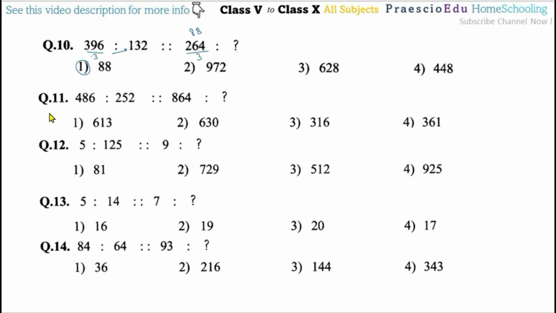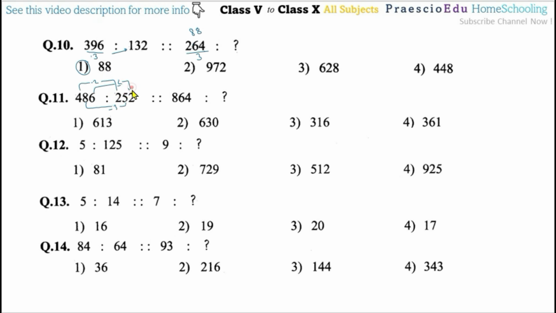Now question number 11, 486 then 252, 864. The relation here: minus 2 we are getting this number, means in the same place value, hundreds place value minus 2. Then tens value minus 3 we are getting 5 here, then 6 minus 4.